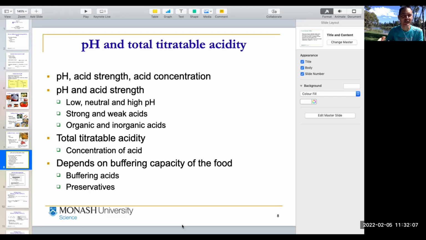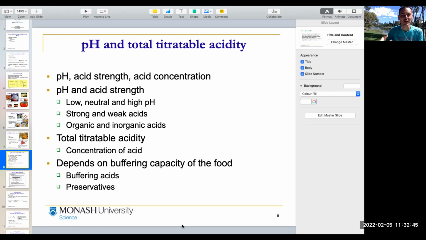So citric, malic, lactic and acetic acid are organic acids which have a lower degree of dissociation than their strong, inorganic acid counterparts, and therefore have a reduced capacity in preservation. So a reduced ability to lower the pH inside the bacterial cell and therefore lower preservation capability.